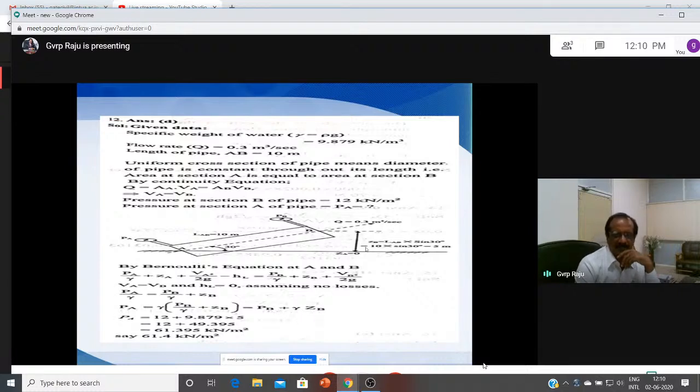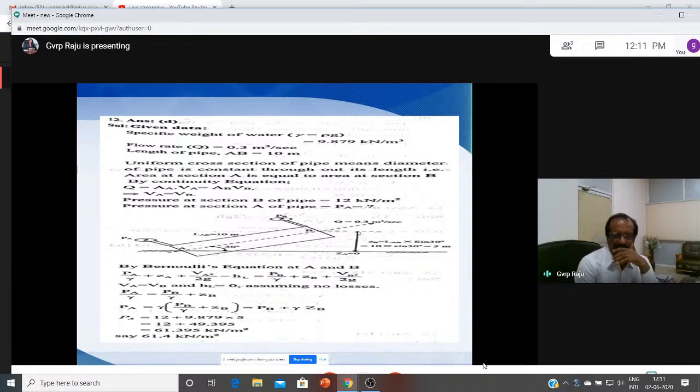Only thing you need is the value of this ZB. He has not given it directly. So you have ZA here and ZB, you can take the sin theta here. We have the length of the pipe, 10 meters from A to B, and we have the angle here, and the opposite side is sine.